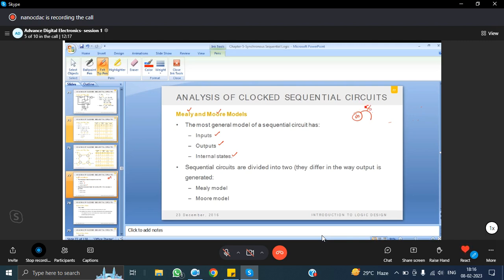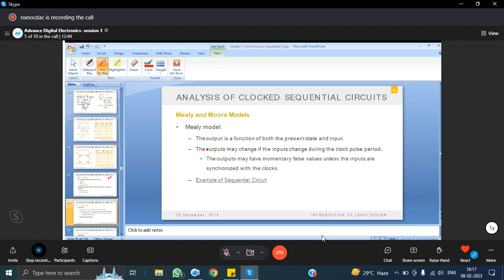Whenever you are giving input 1 or 0 or any term, to which state will it go? Okay, this is state, input and output. So sequential circuits are divided into two, based on how the output is generated: Mealy model or Moore model.